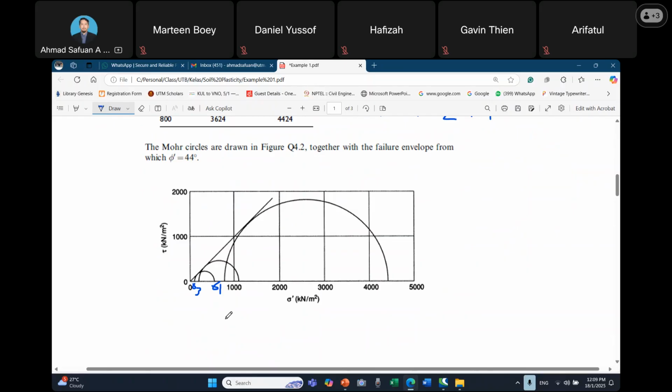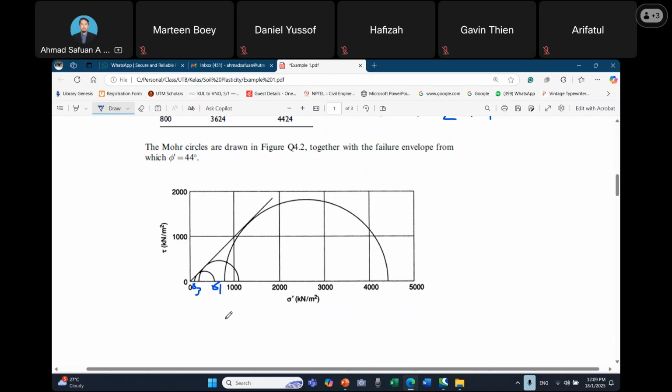Once we have plotted, we can get the failure envelope, based on the phi value, which is 44.